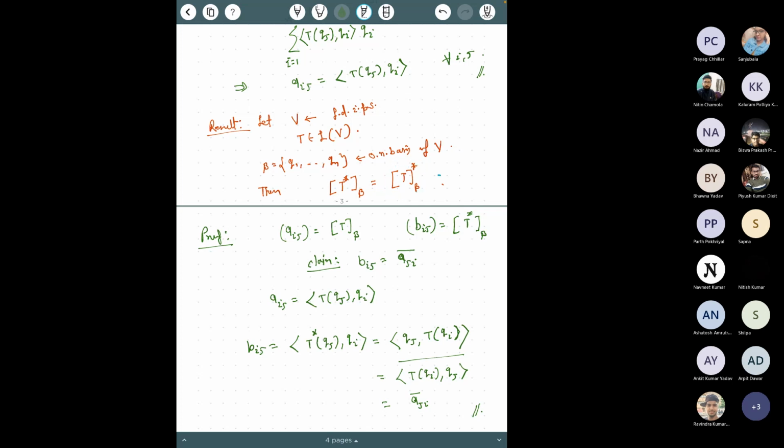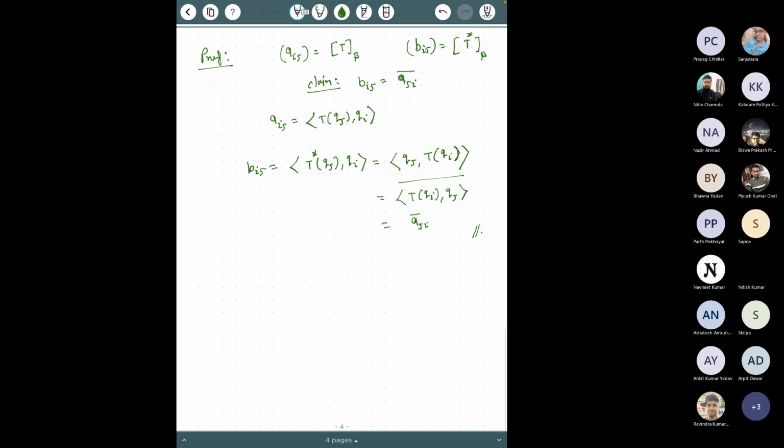And once you know the matrix representation of a linear operator, you can find the operator itself. So you can easily find the adjoint of a linear operator.